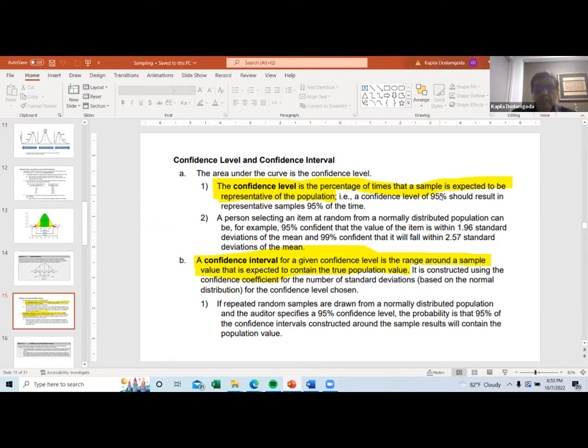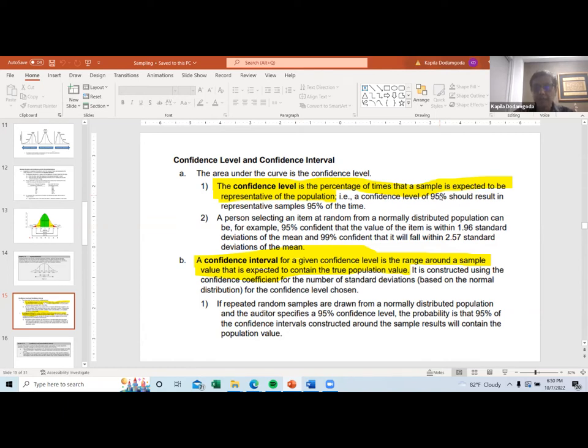That is one way you can interpret what a confidence level is. After we take a sample, statistically, if we say there is a 95% confidence level, that means we are 95% sure that the sample is representative of the population.